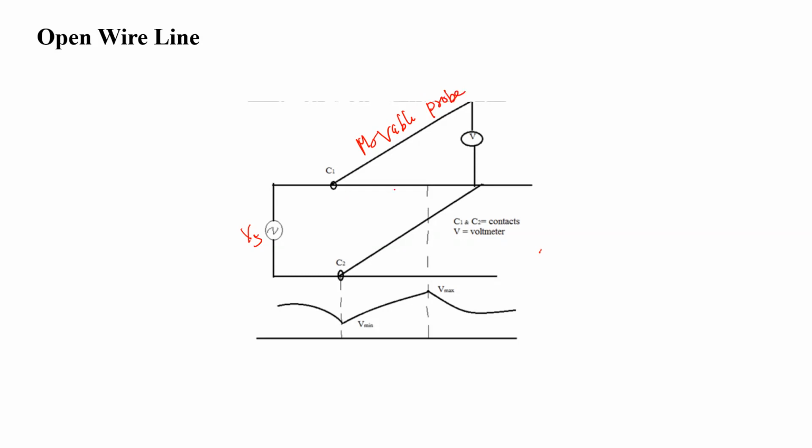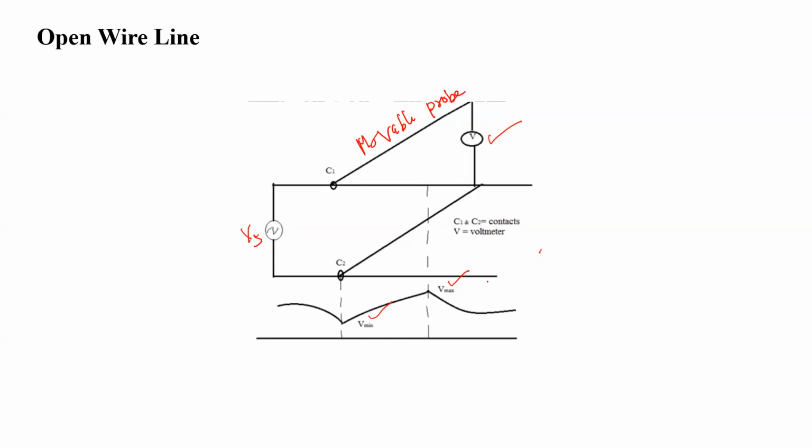Now, as we move the probe along the length of the transmission line, we can measure the voltages at different points on the transmission line with the help of this voltmeter. By noting down the different values of voltages, we can come to the conclusion of the value of Vmax as well as Vminimum.